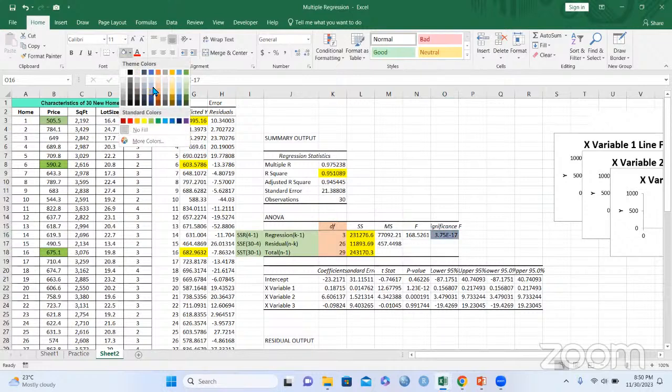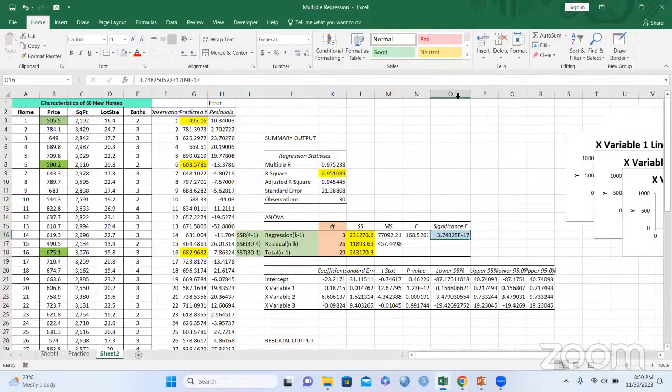Majority of you have completed your PhDs. Definitely you might have come across this. Are these three variables significant or not? It is 3.7 times 10 to the power minus 17. Significant or not? Because we are trying to find out at 95%, it should be less than 0.05.